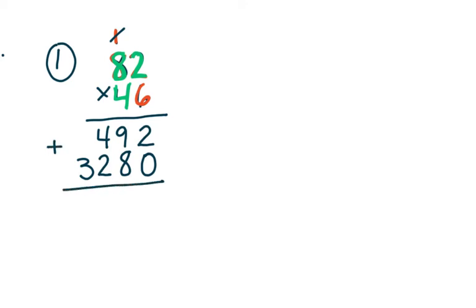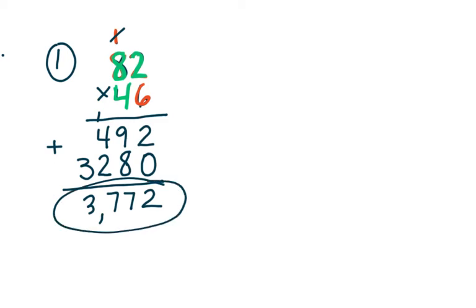We're going to add those 2 numbers up. 2 plus 0 is 2. 9 plus 8 is 17. Carry your 1. 1 plus 4 is 5. Plus 2 is 7. And then bring your 3 straight down. So the answer to 82 times 46 is 3,772.